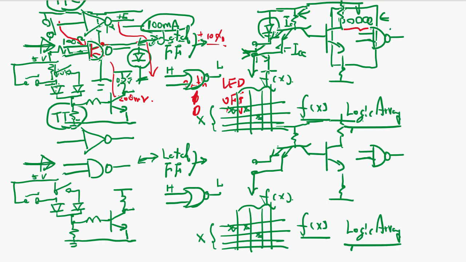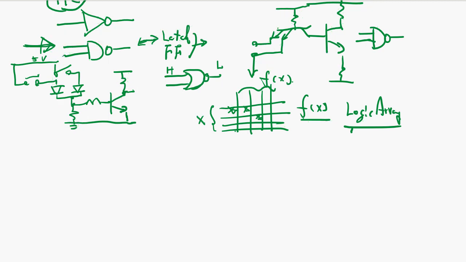Now the MOS device, NMOS. What is NMOS? The inverter is simple. This is a source, drain. This is drain and source.